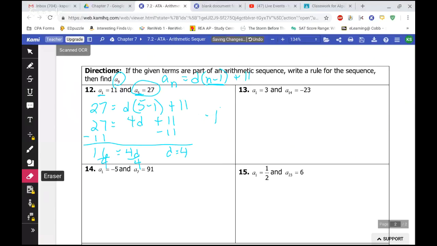Hold on just a minute. I skipped a step. Got to find the rule first. So we can take a sub n equals 4 times n minus 1 plus 11.